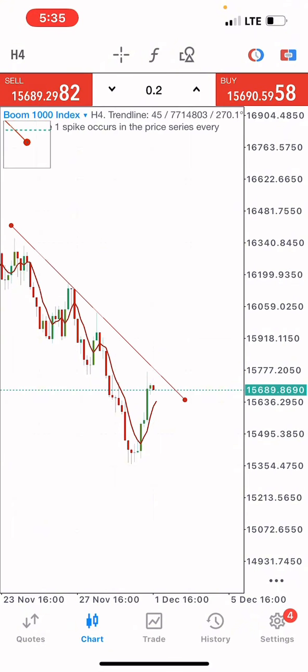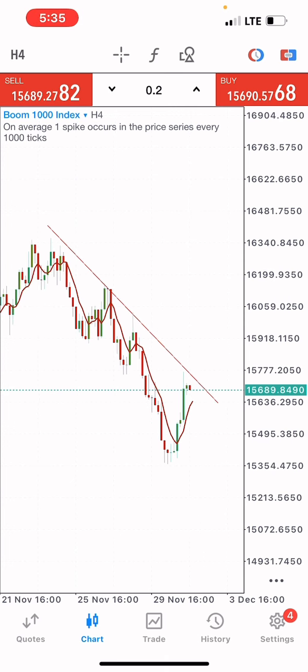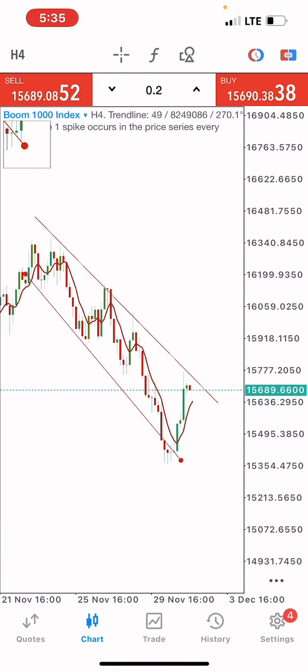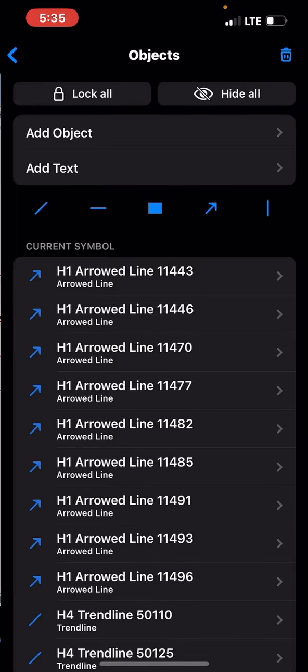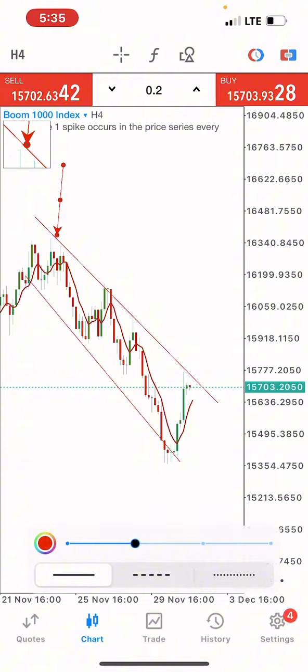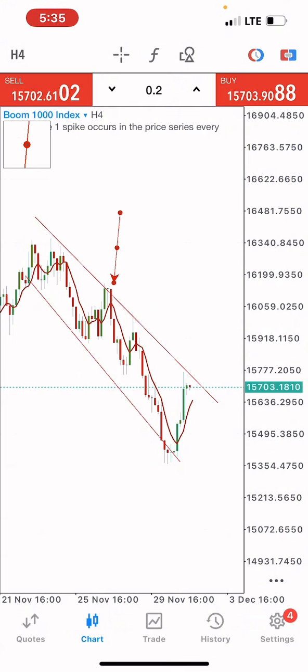Now another thing you should do after you've seen a downward direction is to spot out your areas of resistance. You want to be selling at resistance and buying at support, normally the way we do. So how do you spot out support and resistance? I just did that with my trend lines. I've been able to spot out areas where there is constant rejection and reversal from the upside, pushing price downwards.